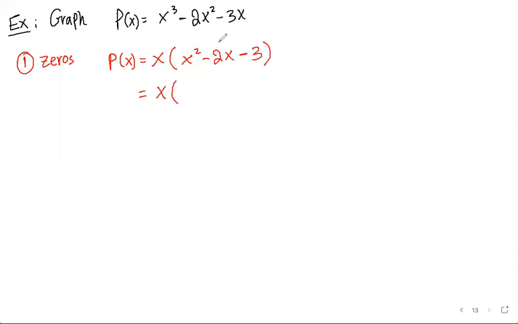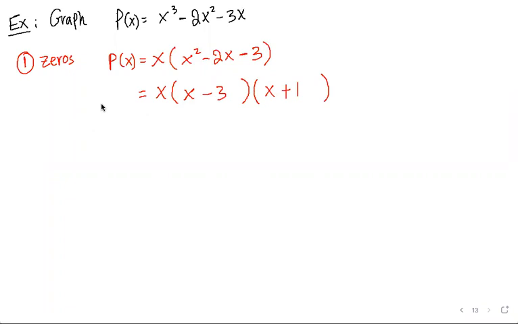What is the factor for the parentheses? We're looking for two numbers whose product is -3 and whose sum is -2. That is x minus 3 and x plus 1. -3 times 1 is -3 and the sum is -2. That's true, this works.